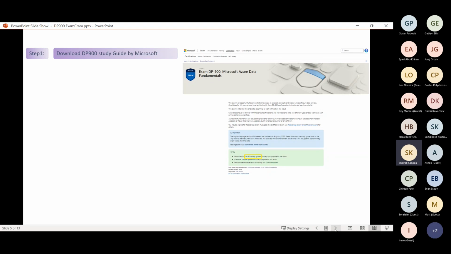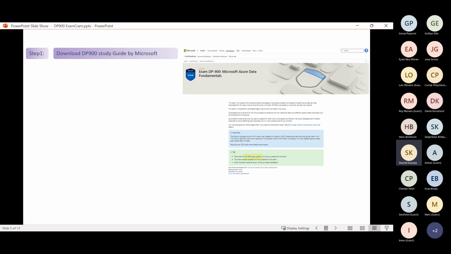So the DP-900 study guide provided by Microsoft tells you what the purpose of this exam is, how you should go through your certification registration process, how you should do your recertification if you have already taken it. And then it also tells you what to expect on the exam day. So it tells about some operational side of the exam as well.